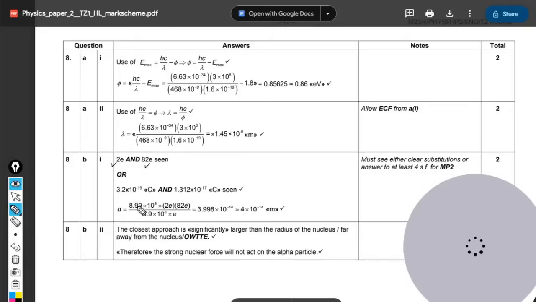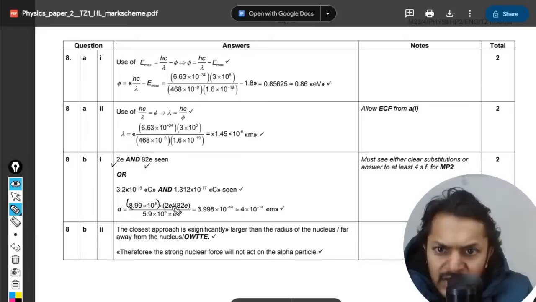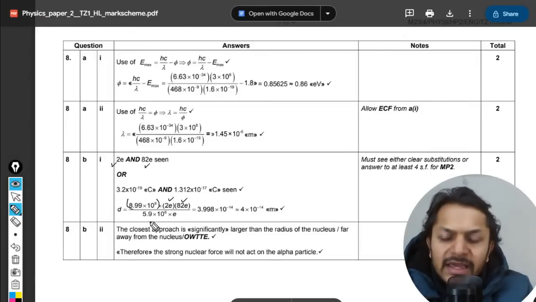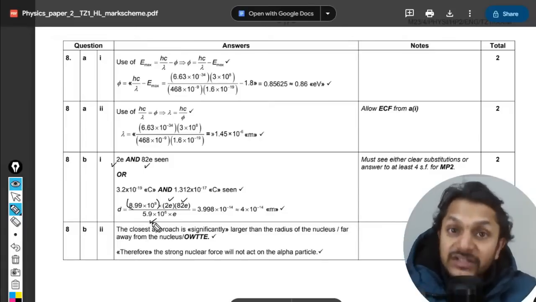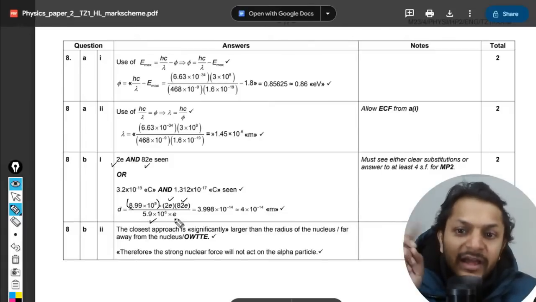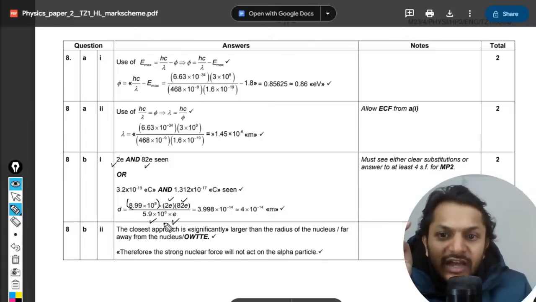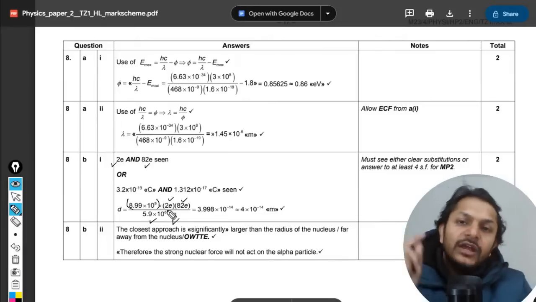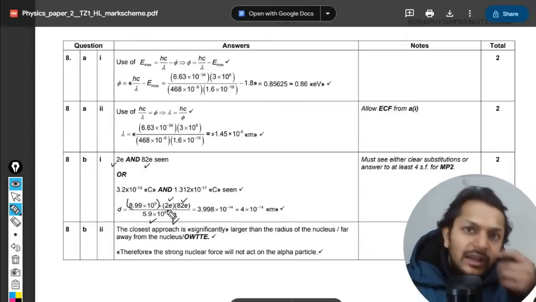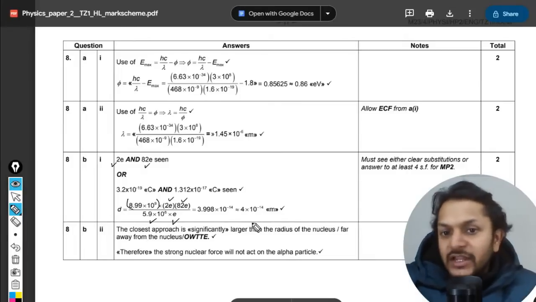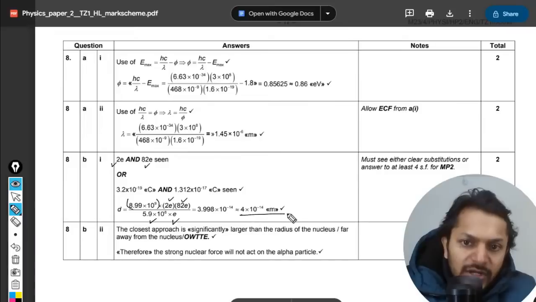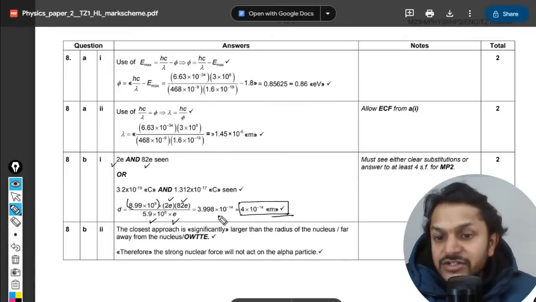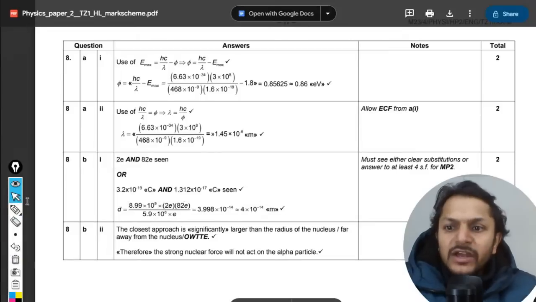So the distance of closest approach is k capital Q small q divided by the kinetic energy, which is given as 5.9 mega electron volt. So they have done exactly the same thing that I had written, and you can take up your calculators and calculate that value. The value comes out to be 4 times 10 power negative 14 meters. So this is how we do this question.